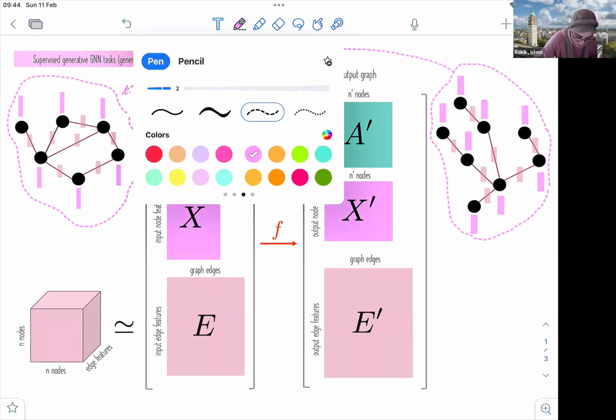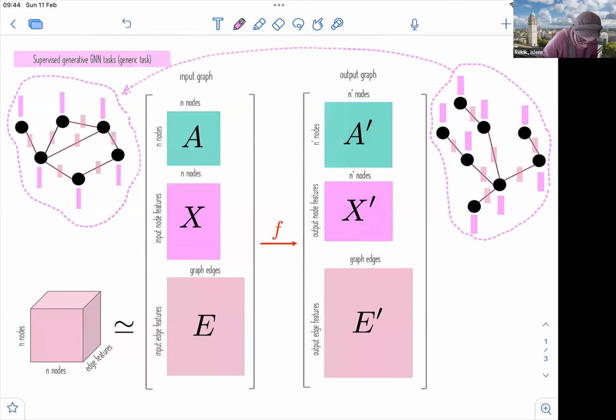We have the input space, let's call it the input domain, and we have the target domain. If we don't have the corresponding graph here, we don't have a ground truth, then we move from supervised to unsupervised or self-supervised, and we will see a few examples later, okay?